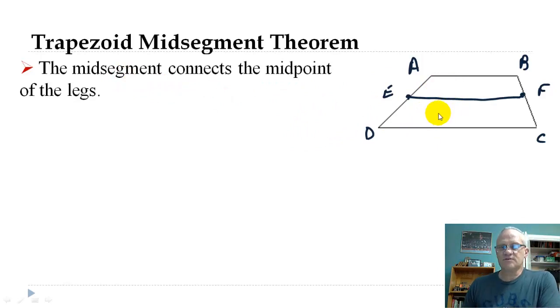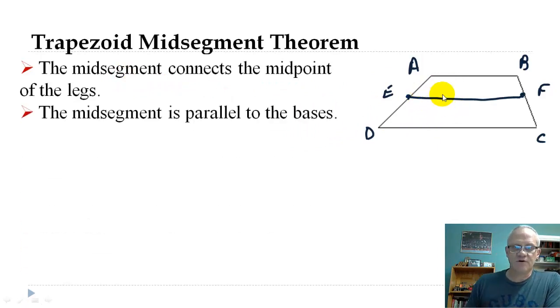And so here's some things that happen with the mid-segment. First of all, it's parallel to the bases. Remember in this trapezoid, these sides are the parallel sides. Well, the mid-segment is also going to be parallel to those two opposite sides, number one. Number two, since the mid-segment connects these two midpoints, that means that AE will be congruent to ED, and it means that BF will be congruent to FC.